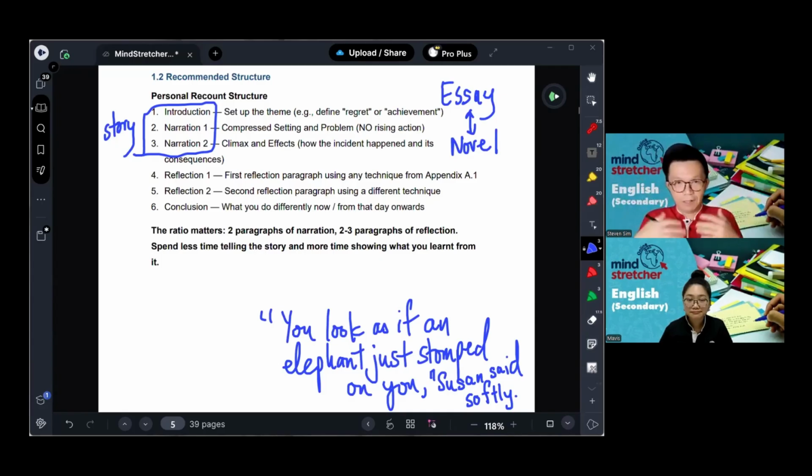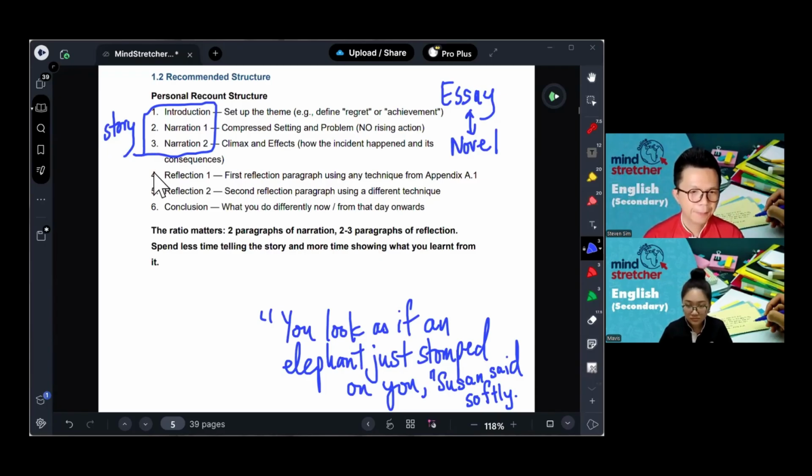And then after that, you can go into reported speech, as in, I responded by breaking into tears, as I confided in her, and that's all. And after that you go into your reflection. You don't need to have a very long and convoluted dialogue.